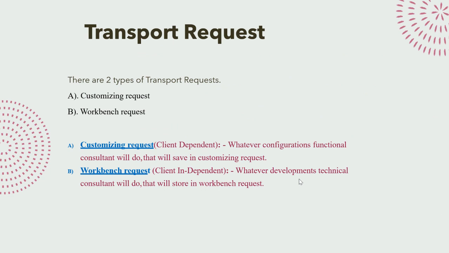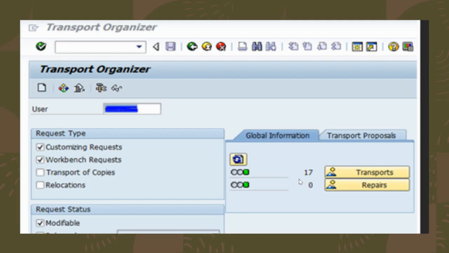The changes will be reflected in both clients. So this is the workbench request. Here you can see the request types, customizing request and workbench request. We'll come later to transports of copies, TOC, and relocations.